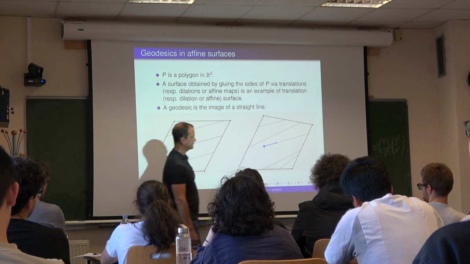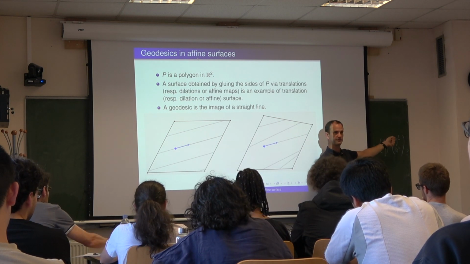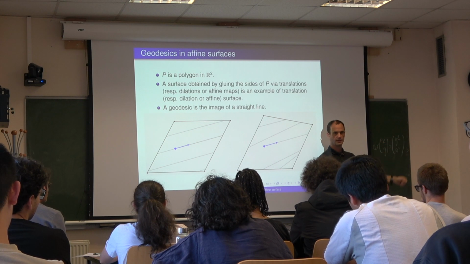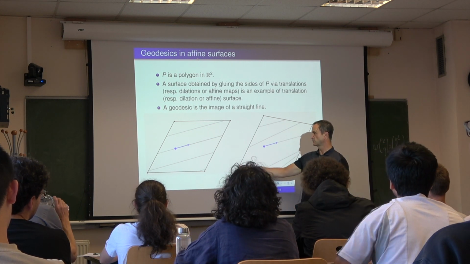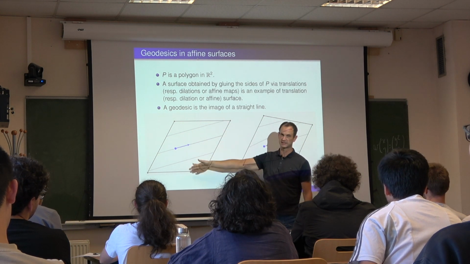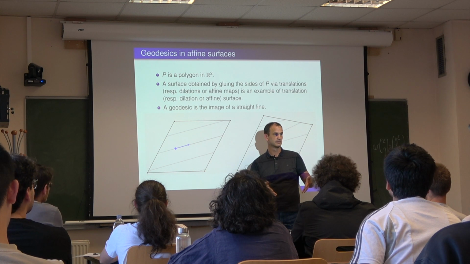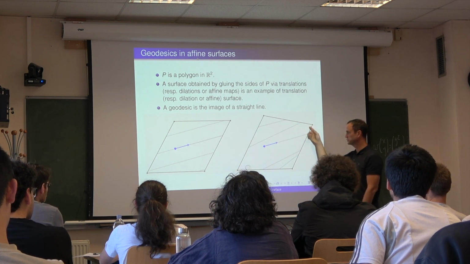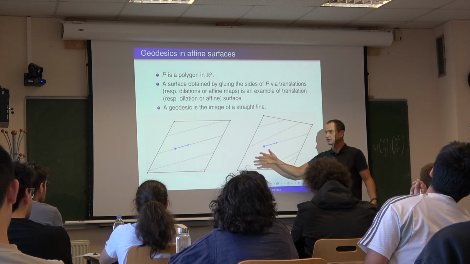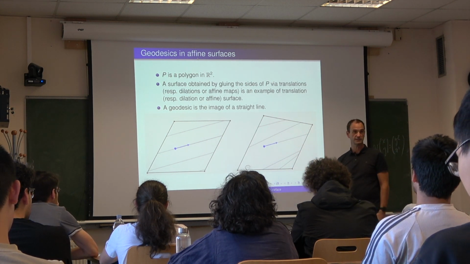Now I told you that I want to change my real coefficients to complex coefficients to understand things. And this means that I will change the shape. If I want to glue the sides with translations, I need the opposite sides to be parallel. So now what if the polygon is not so regular as a parallelogram, and it's just a quadrilateral?